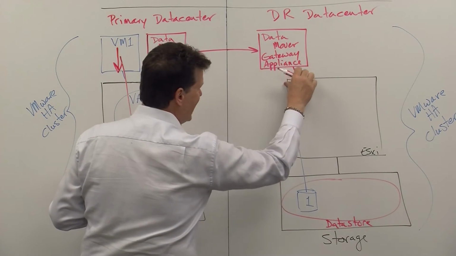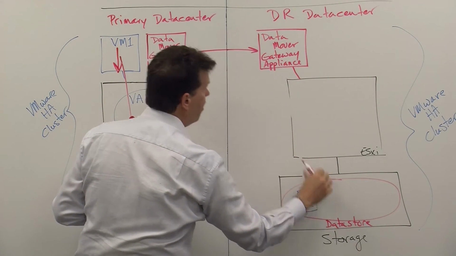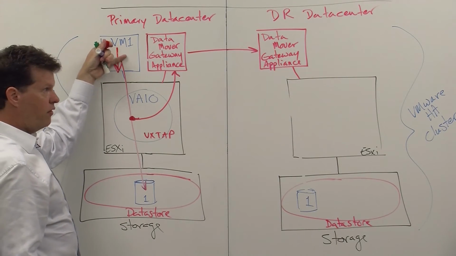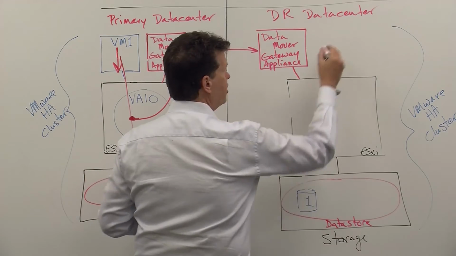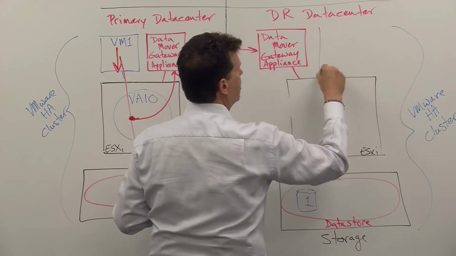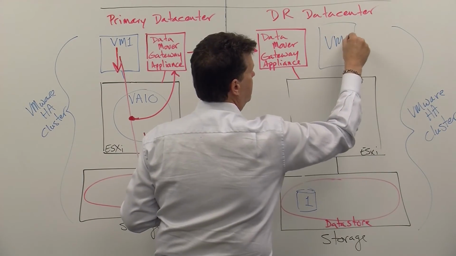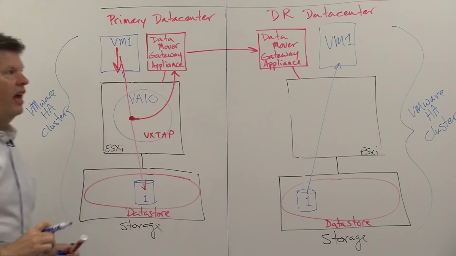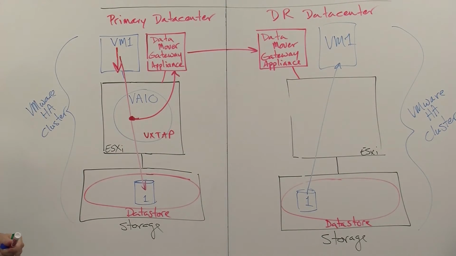We detach this disk from this machine, unregister the VM from the VMware inventory over here and register it to the VMware inventory over here. So VM1 comes online here, we attach this disk here, and bring it online. Now we have our virtual machine running at the disaster recovery site.